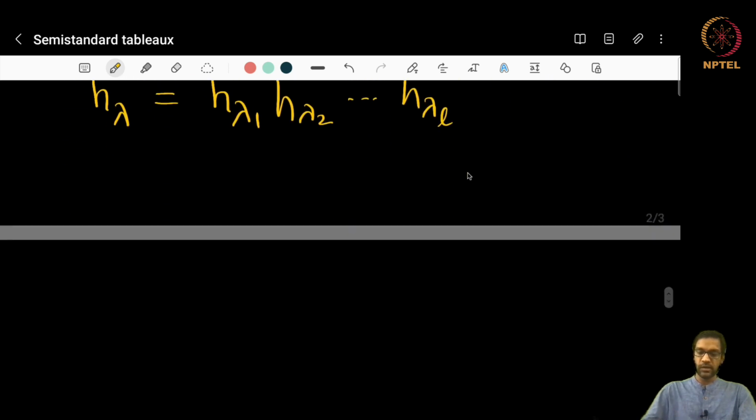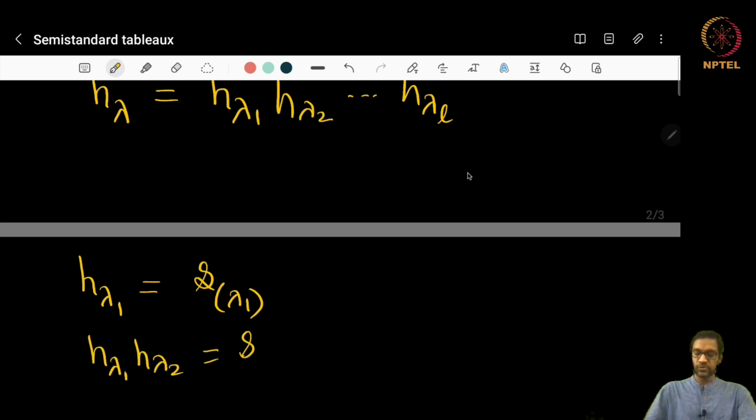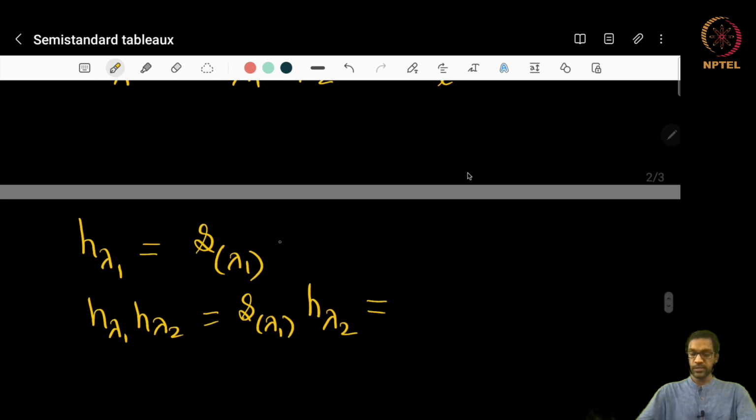If I look at h lambda 1, that I have just said is the same as the Schur function corresponding to lambda 1. Now let's look at what happens if you multiply this by h lambda 2. You will just get the Schur function corresponding to lambda 1 multiplied by the complete symmetric function h lambda 2. Now doing this, let me just index this by the corresponding shape. That's sort of more suggestive in some ways.